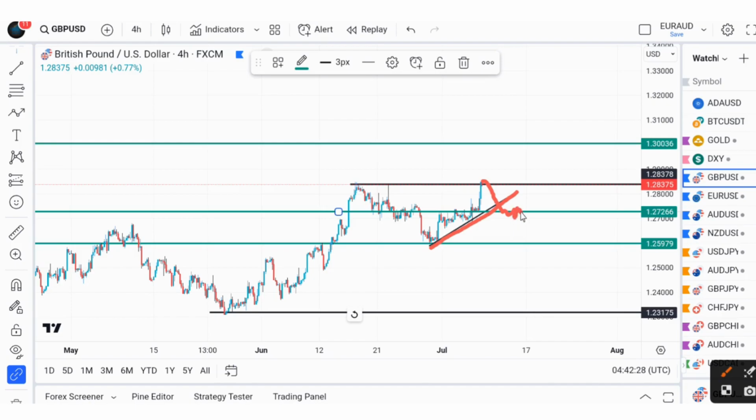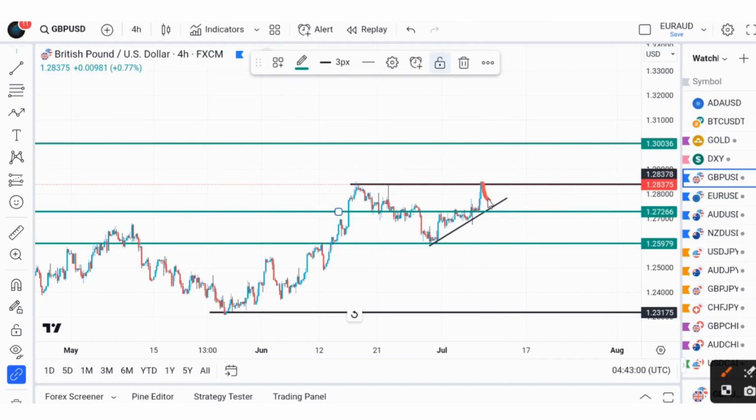I'm looking for a move back to this low. Then we foresee a move back to this low of 1.2597, and if it rejects, then we are going back to 1.30036. But if we see another break of this particular level right there, I'm coming back to 1.23175. But in a nutshell, my sentiment still remains to the upside.